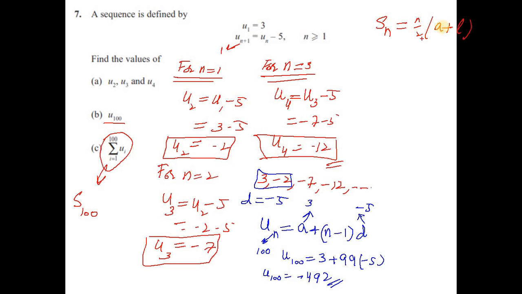You have another formula, n by 2 times 2a plus n minus 1 d, but I'm using this because of the first and last term availability. So 100 divided by 2 into 3 plus minus 492. If you solve this, S100 is minus 24450. This is your sum of 100 terms.